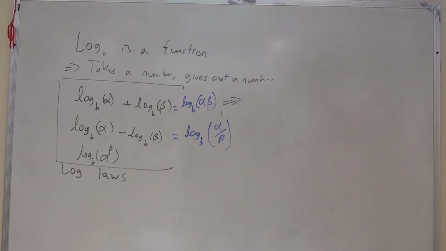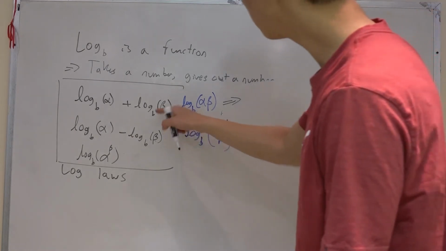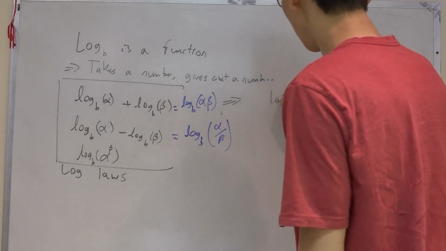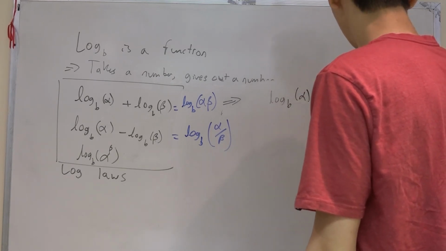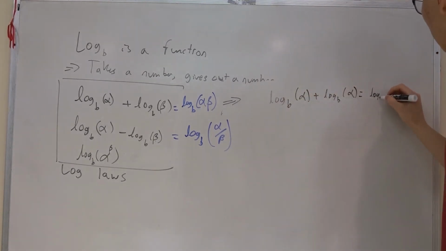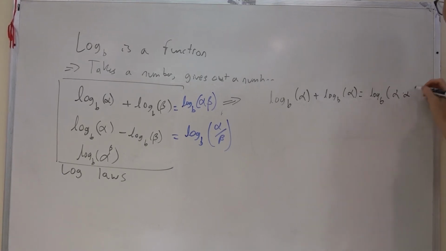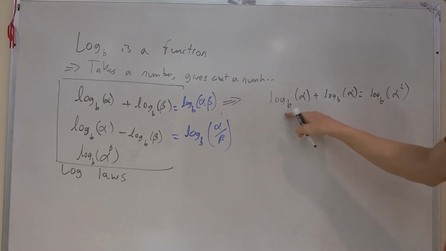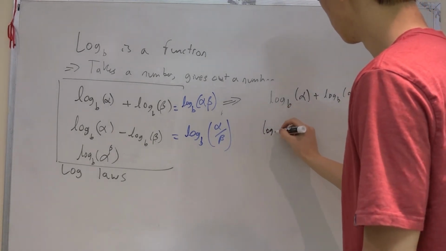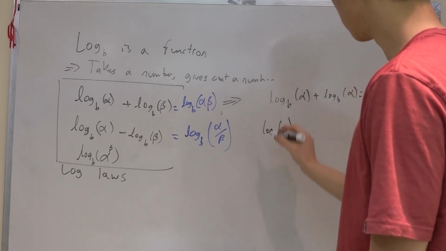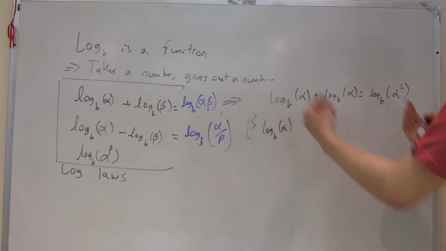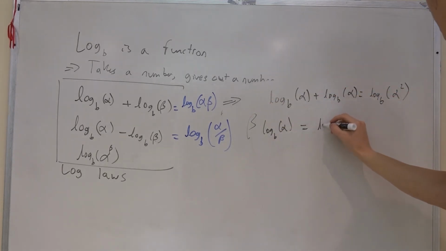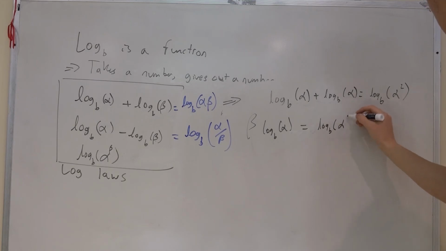This law that we just derived gives us everything that we need to know to be able to solve this question. All right? So observe that if alpha is equal to beta, then this implies that log B alpha plus log B alpha is equal to log B of alpha times alpha, which is the same thing as alpha squared. In a similar way, if I just add copies of this, if I multiply log B alpha by some number beta, then I should get that same number of copies right up here in the exponent.